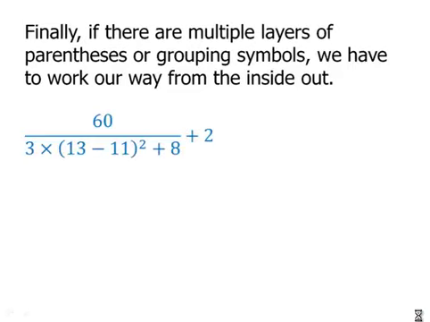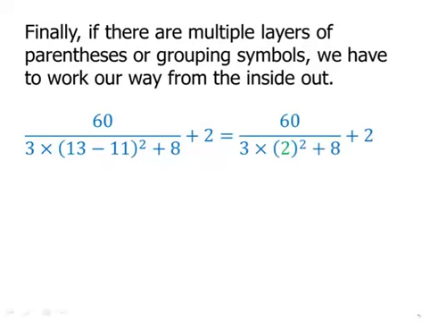So for example, here I have a long fraction bar. So we have to handle everything under the long fraction bar before we do anything else. Within the long fraction bar, we have parentheses. So that's another grouping symbol. So the first thing I have to do is those innermost parentheses, 13 minus 11. So that becomes 2.